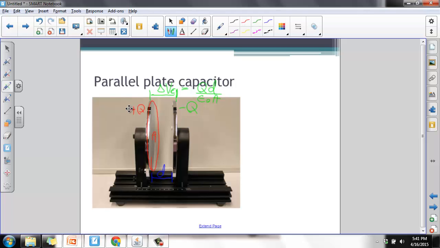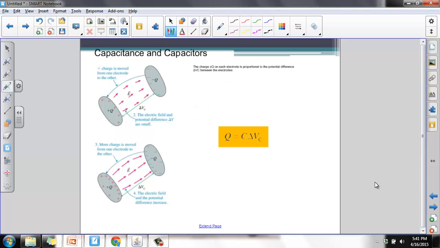Today, we're going to look at a new relationship, and this is going to look at the amount of charge stored in any sort of device that has an electric field. This quantity is called the capacitance. This is the ratio of the amount of charge stored to the amount of voltage required to store that amount of charge.